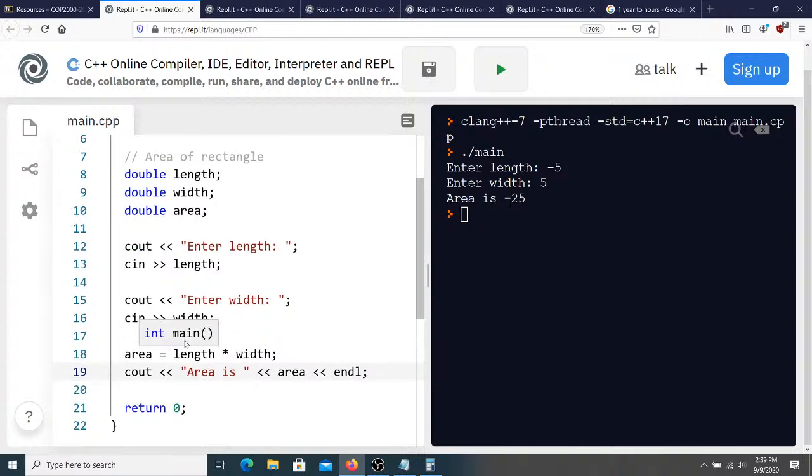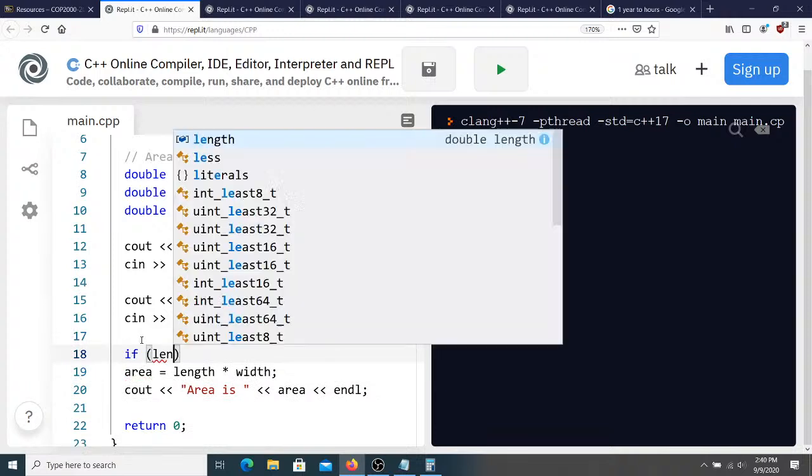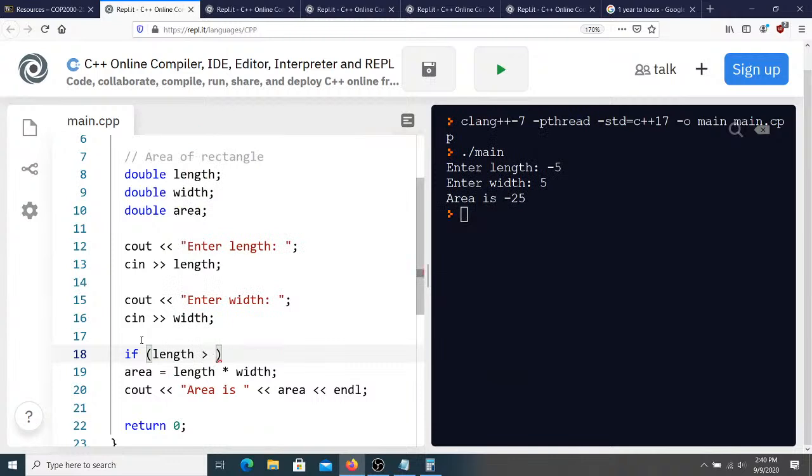Well, we could say if the length is greater than 0, do the calculation, and that solves part of the problem.